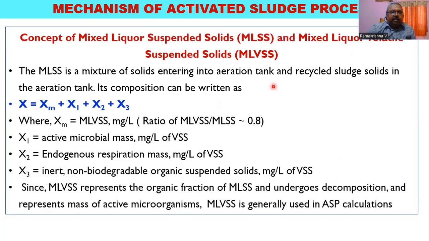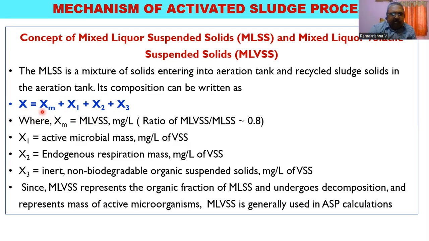So mixed liquor suspended solids is nothing but a mixture of solids entering the aeration tank and recycled sludge in the aeration tank. Its composition can be written as X, the MLSS, is equal to XM plus X1 plus X2 plus X3. XM is nothing but the mixed liquor volatile suspended solids, that means the organic fraction of the MLSS.